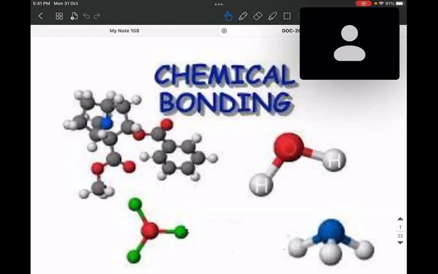So why will the bond angle and the shape be different in certain molecules, though they have the same hybridization? What is the reason?